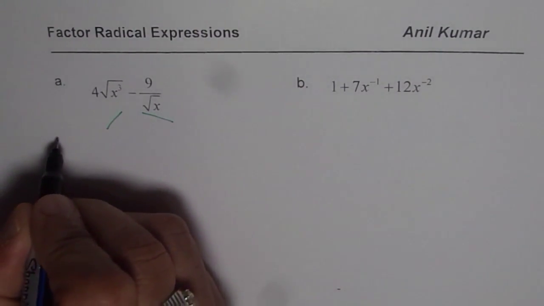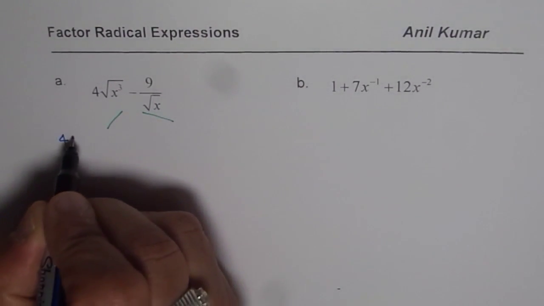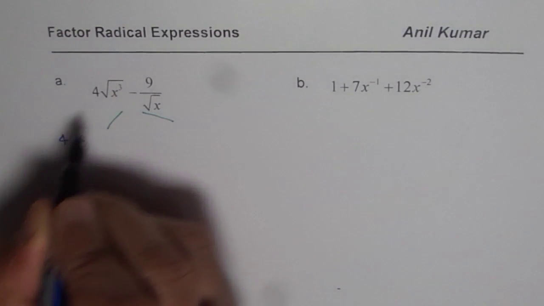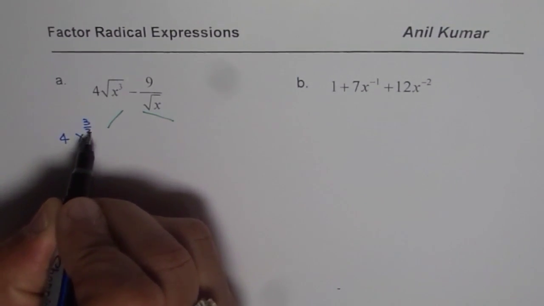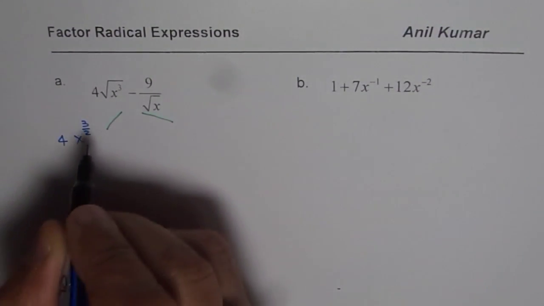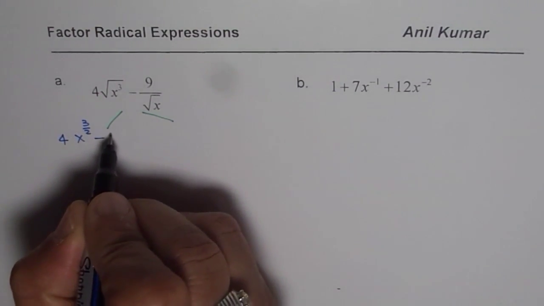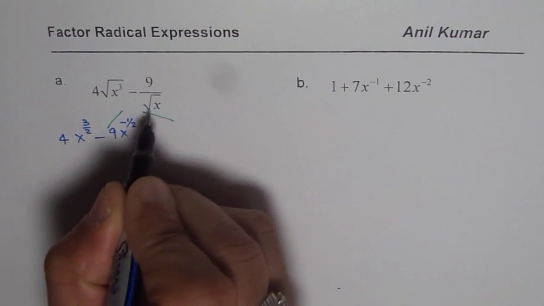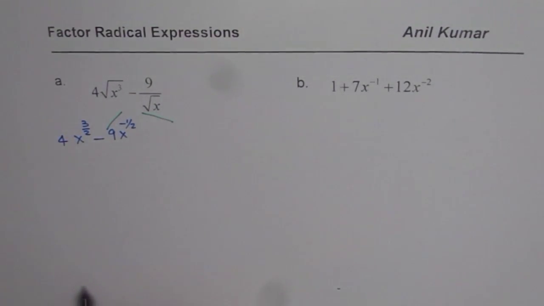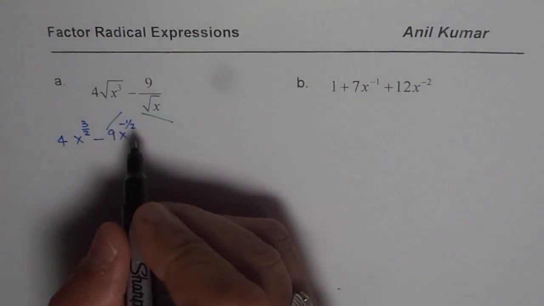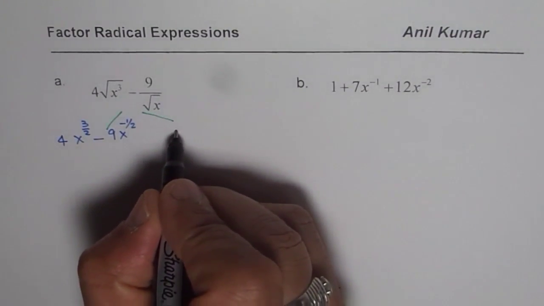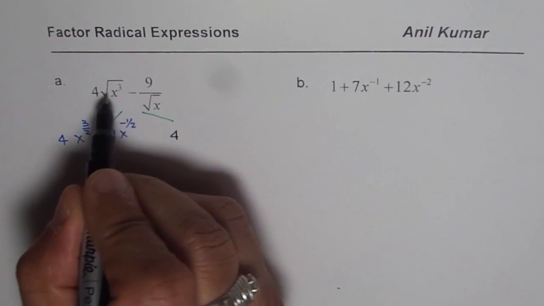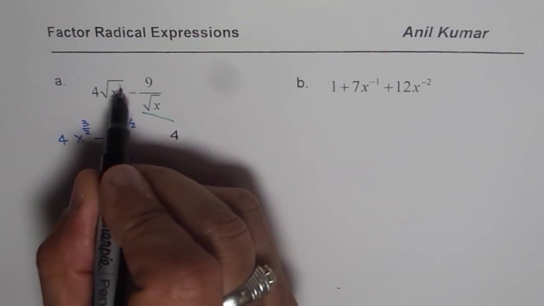So 4x to the power of 3 over 2, that is how I can write this radical, minus 9x to the power of minus half, since it is in the denominator, right? So that is one way I can write the radical. The other way I could write this as 4 times the square root of x cubed, that means x squared times x.